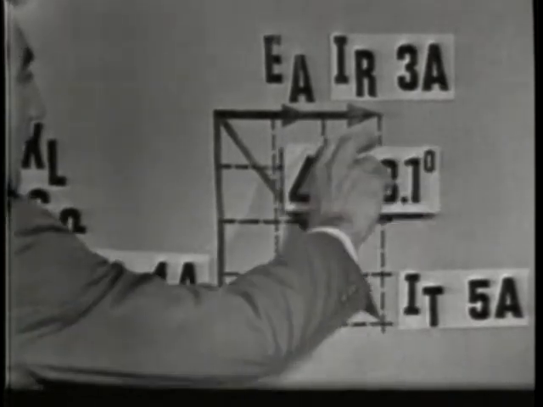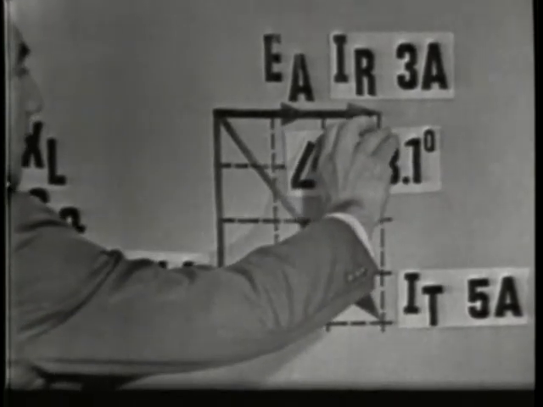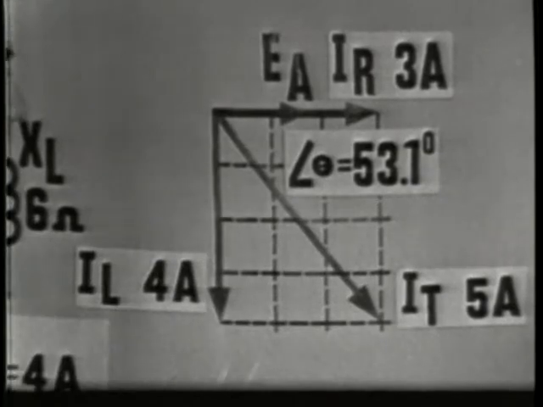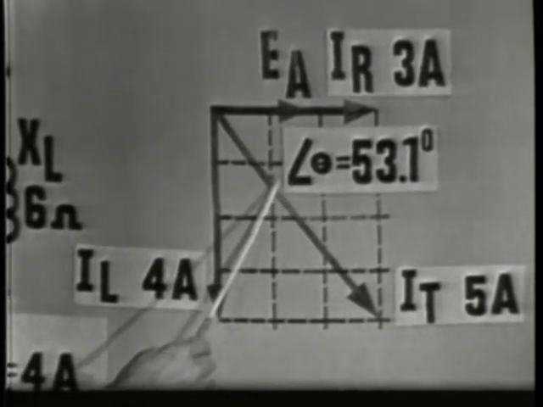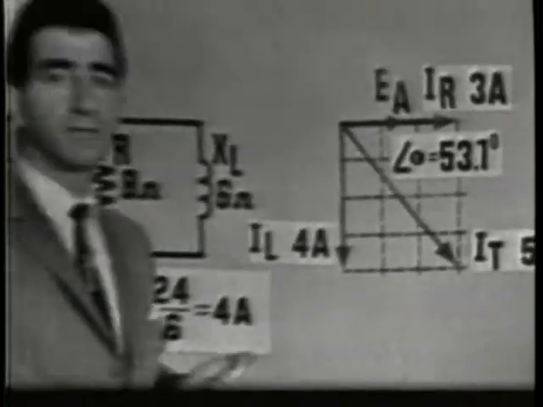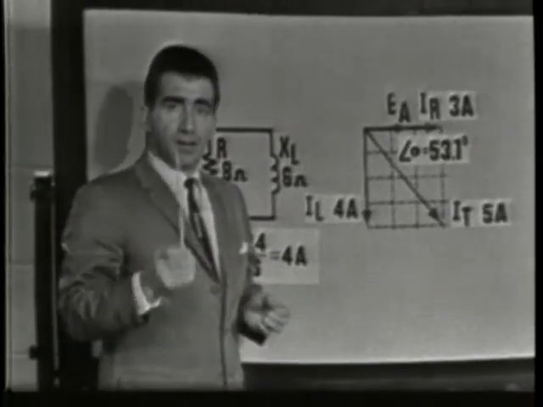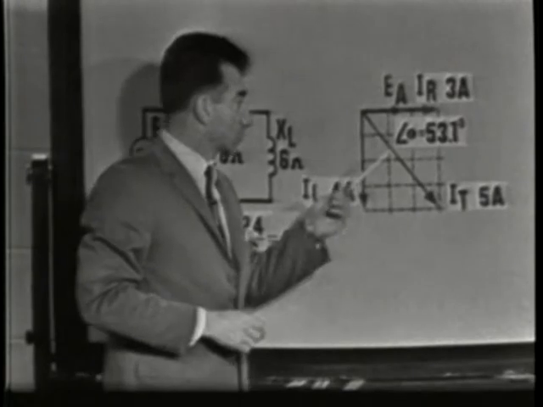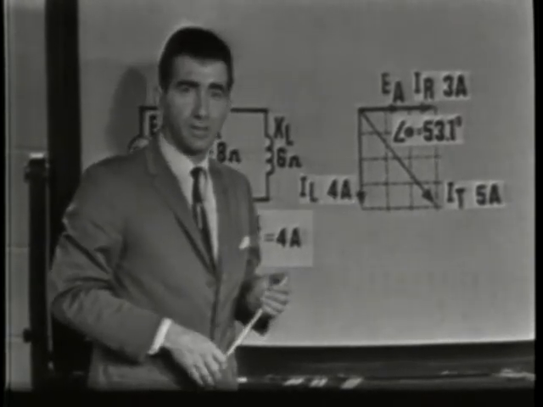In this case, if we were to measure the angle, we would find it to be 53.1 degrees. And notice now that angle theta, since this is an inductive circuit, is a negative phase angle, or a negative 53 degrees.